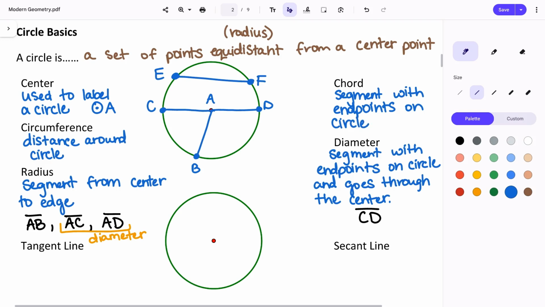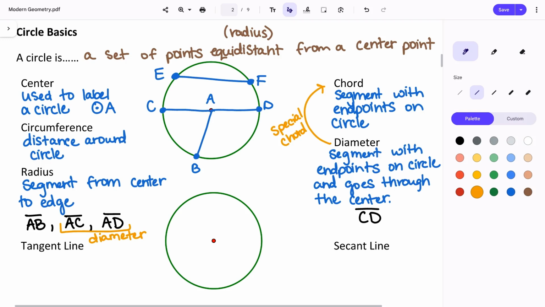But that's it. There's no "and goes through the center" when we're talking about chords. Now, it could go through the center. So the diameter that we had is actually a special type of chord. If it does go through the center, it's still a chord.